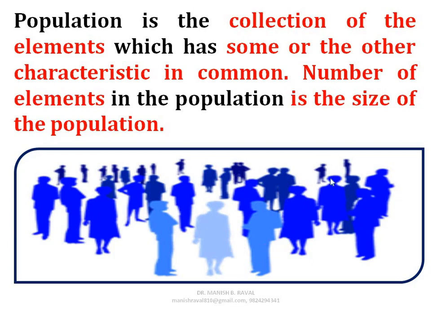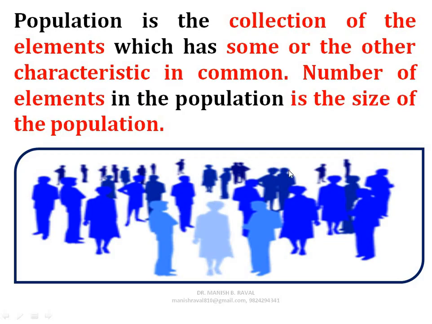So for example, if you want to analyze the attitude related to the competitive examination of commerce graduates, all those commerce graduates have equal characteristics, and all those commerce graduates will be considered as the population for our research work, because we want to analyze the attitude of the graduates of commerce.